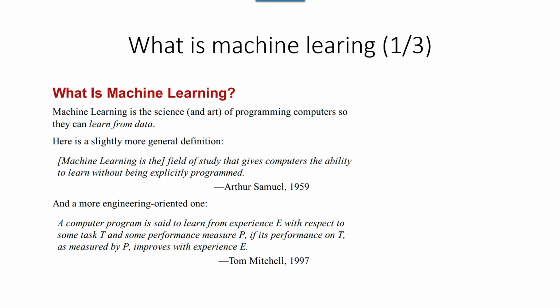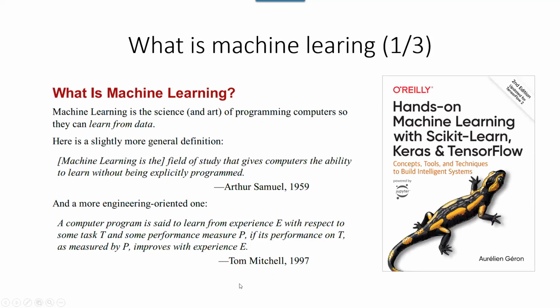It is a slightly more general definition. It's a little bit old. In 1959: machine learning is the field of study that gives computers the ability to learn without being explicitly programmed. And this is the engineering point of view definition of machine learning, from this popular book.